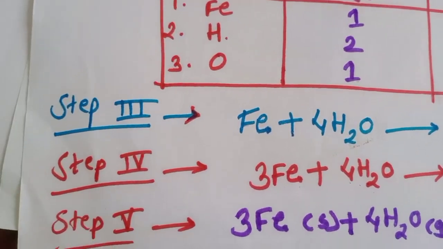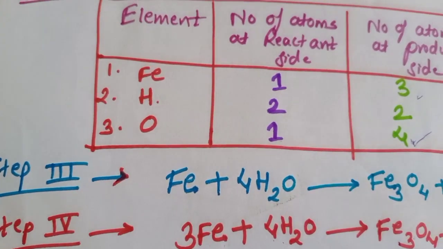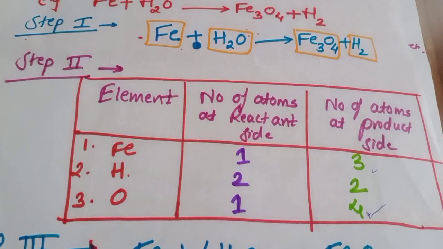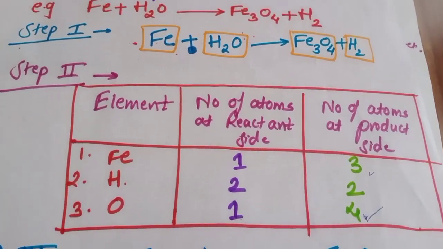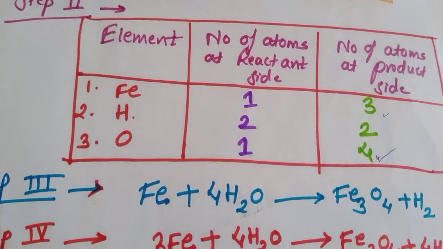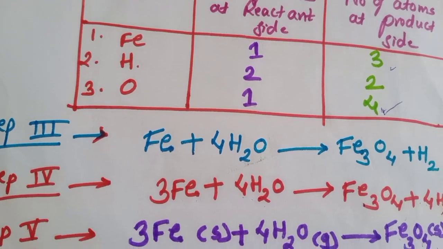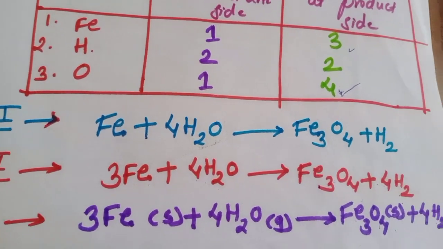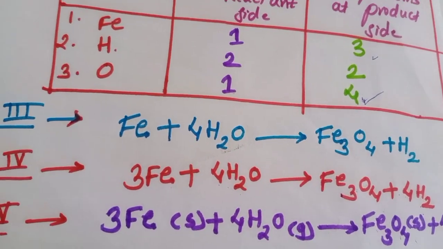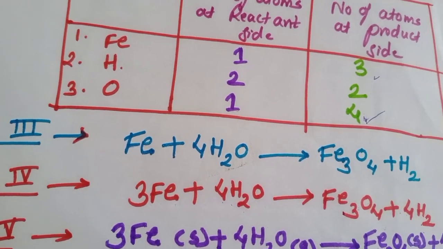So dear students, these are the 5 steps to balance any chemical reaction. First step, second step, third step, and fourth and fifth step. The fifth step is just you have to write the physical states of the reactants and the products.